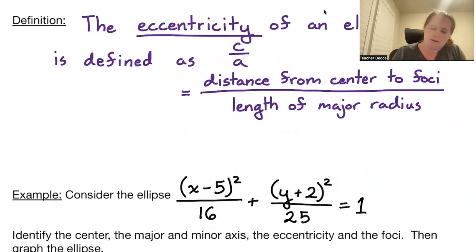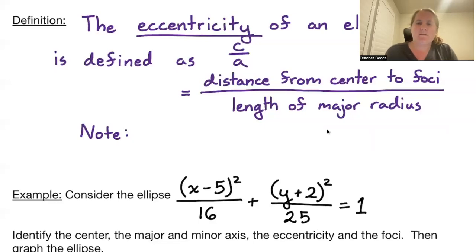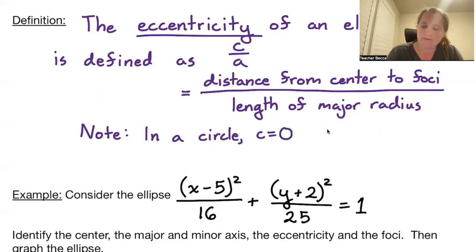So note that if C equals 0, that's a circle. So a circle has 0 eccentricity.